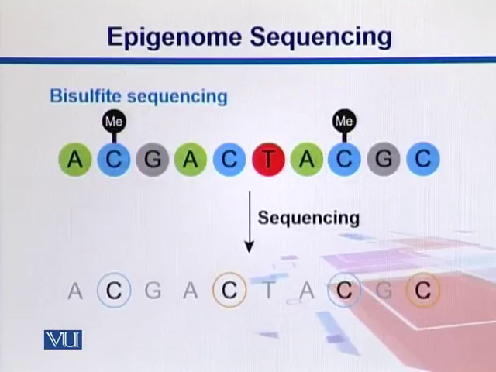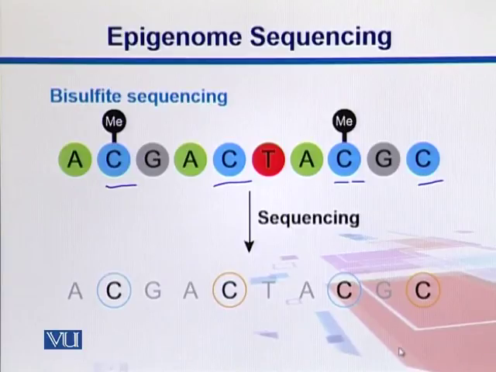In bisulfite sequencing, we take the regions where we suspect that methylated cytosines are present. For instance, if we see here, this and this C are methylated, whereas these two are not methylated. We sequence them, and then we treat these similar molecules with bisulfite.